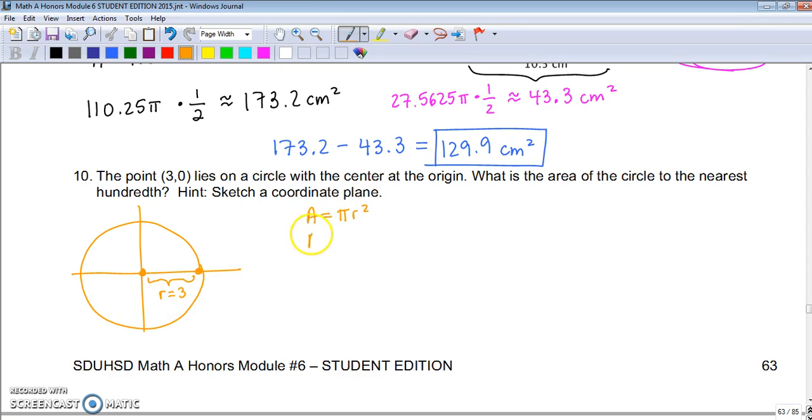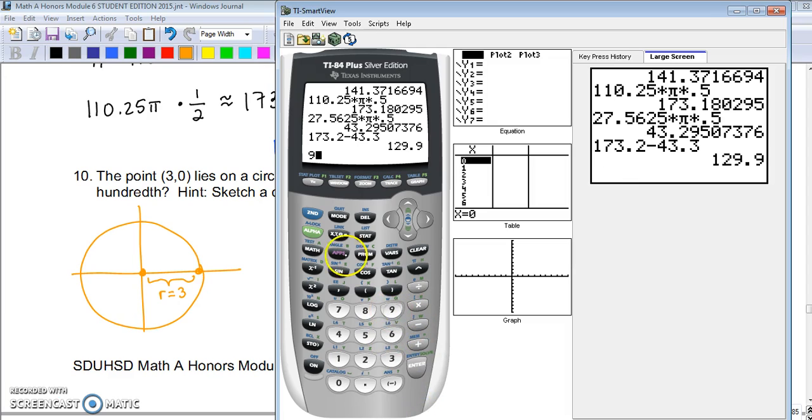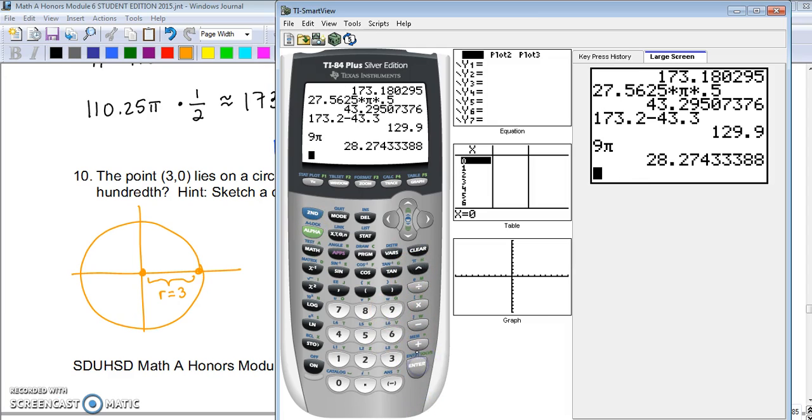It's actually a pretty simple problem then. We have an area of 9 pi, and I don't see any units, so I'll say units squared, and that is rounded to the nearest hundredth now, 28.27.